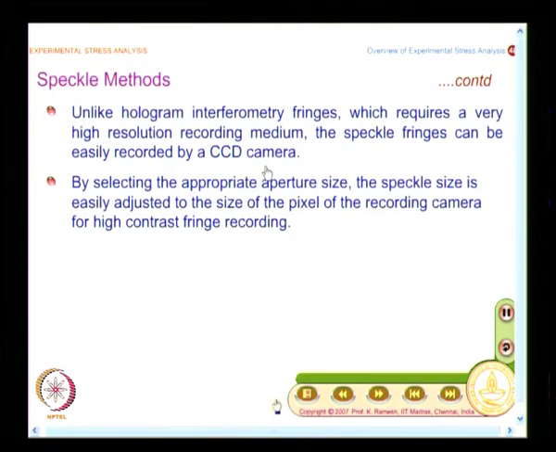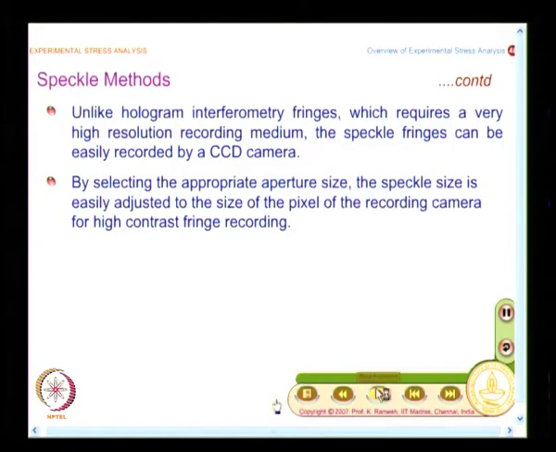By selecting the appropriate aperture size, the speckle size is easily adjusted to the size of the pixel of the recording camera for high contrast fringe recording. So, you have a provision by which you can adjust the optical system until you get good fringes in your recording medium.